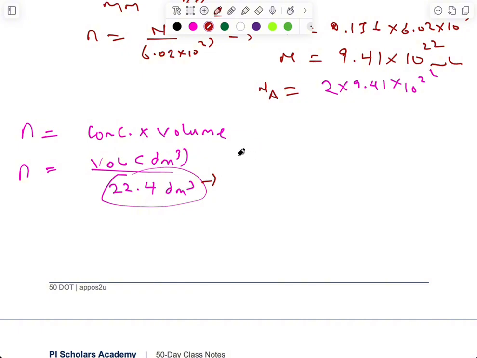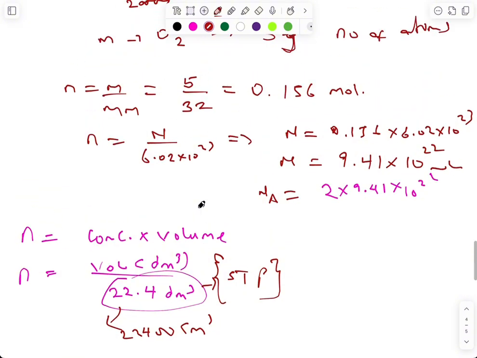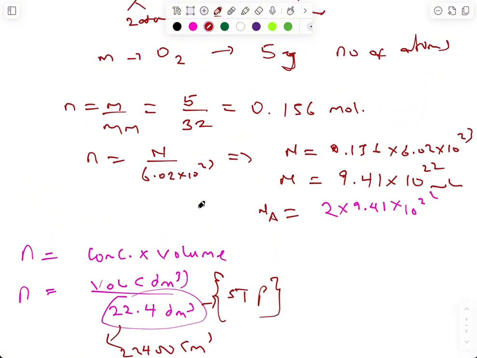So note that this formula is used for gases at standard temperature and pressure. Or if you are using cm cube, this 22.4 will be 22,400 cm cube. And these are the relationships that you have with number of moles.